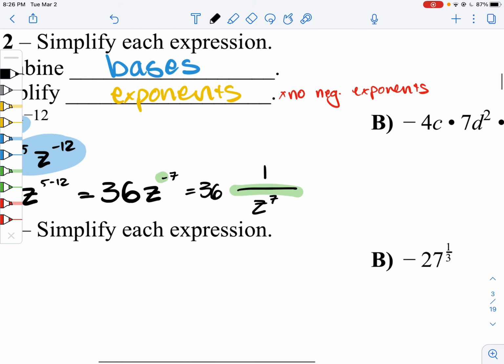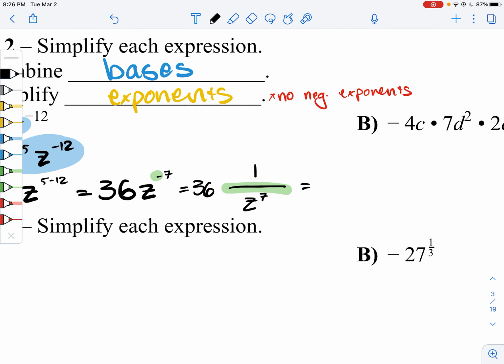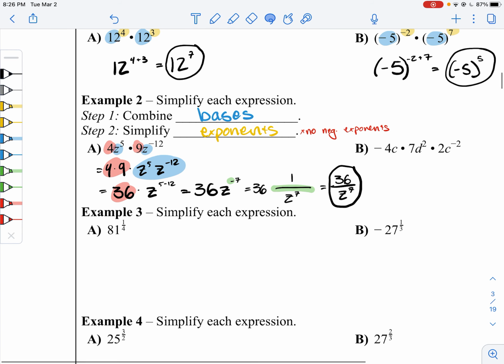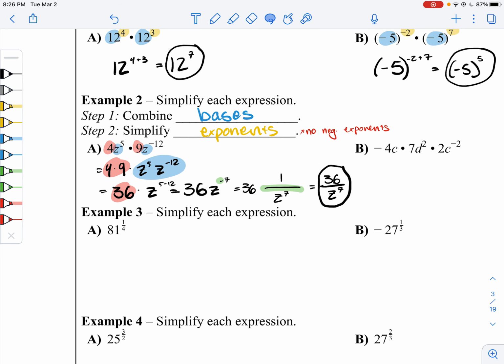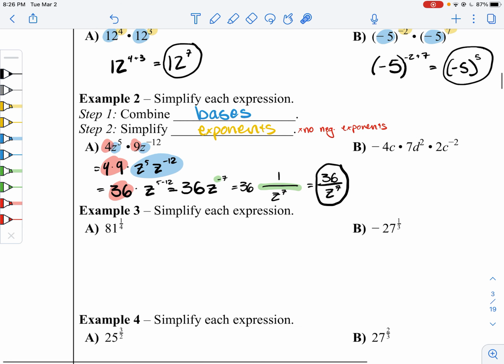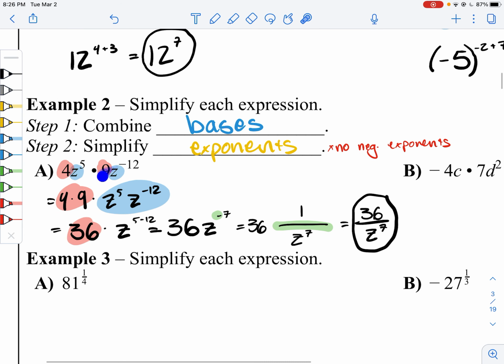Or for those of you who like to skip steps, you can say that's just straight up 36 over z to the 7th power. Yay! All set. And then we scoot them over so we don't encroach on B's territory. So we combined the bases, we combined similar ideas, and then we simplified our exponents like that.